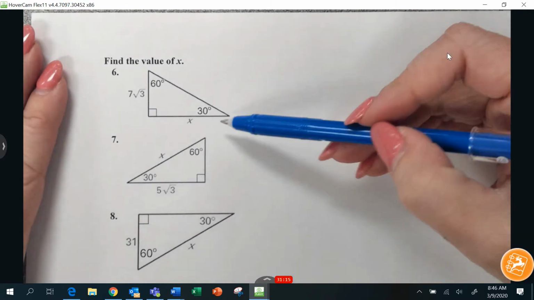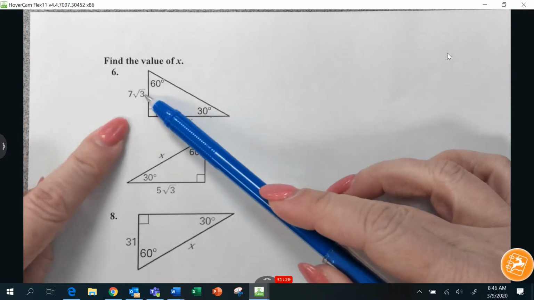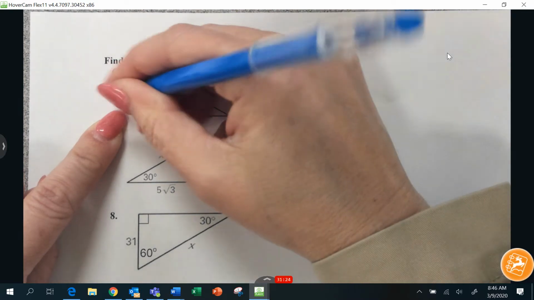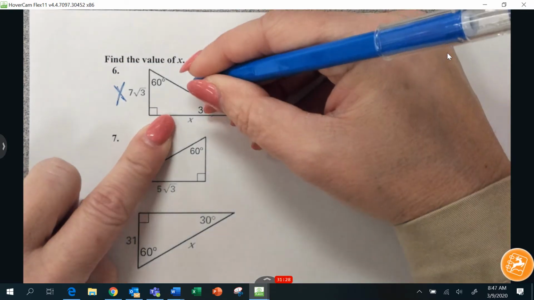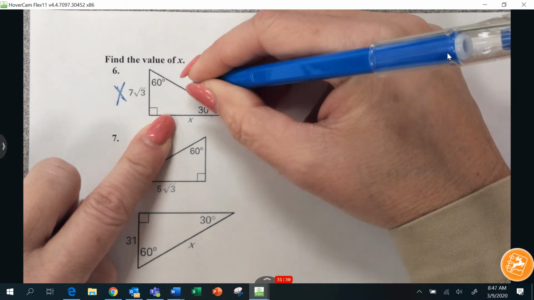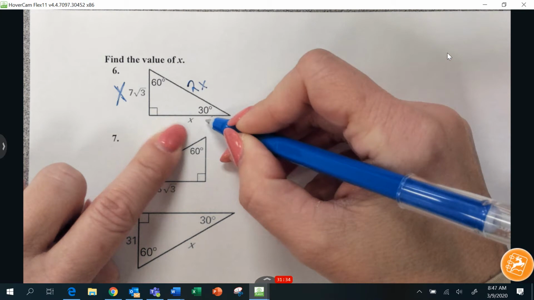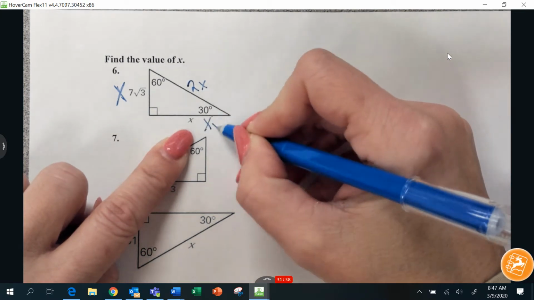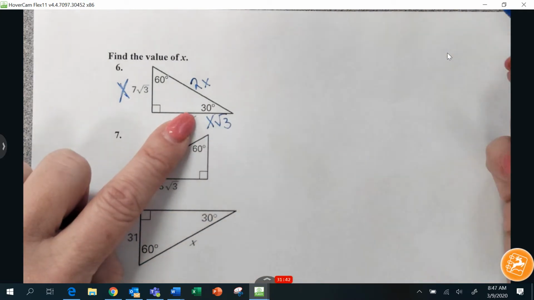Okay, look at this one, 30, 60, 90. Across from 30 is which formula? X. The hypotenuse across from 90 is 2x. Good. And help me one more time, what's the third side? Perfect. X square root 3. Ignore the fact they have an x there. That's just telling us what side we're going to find.